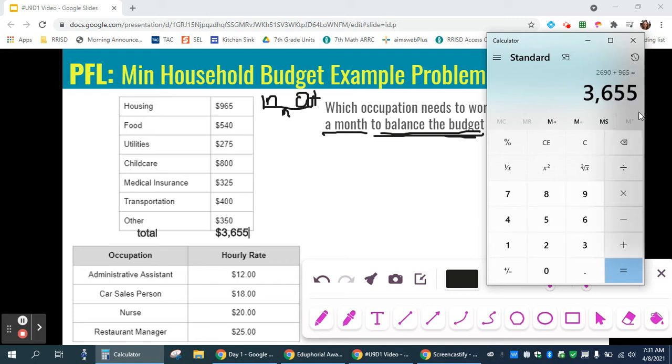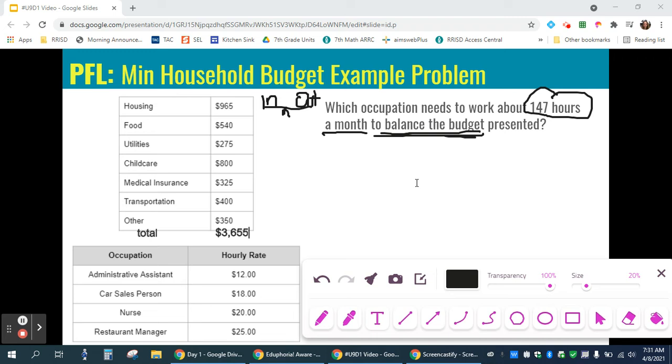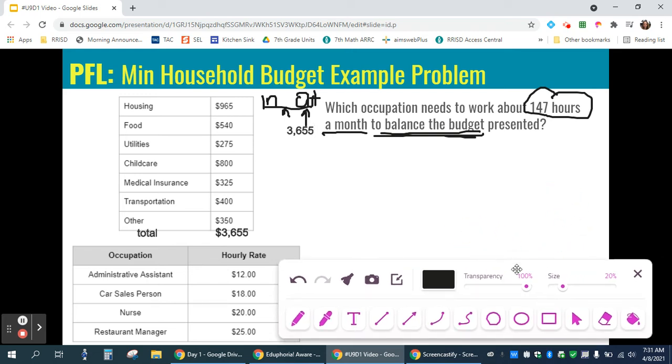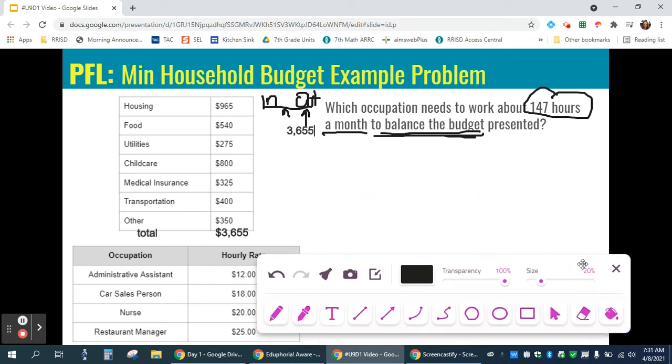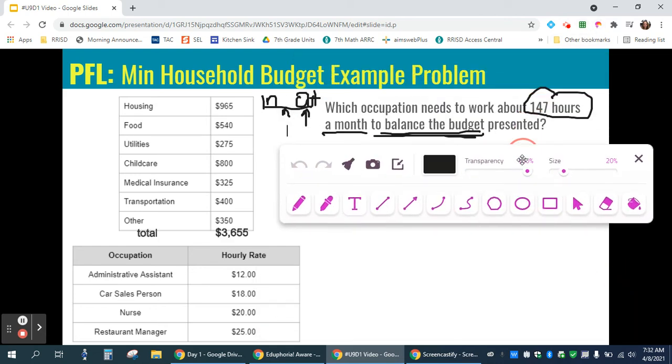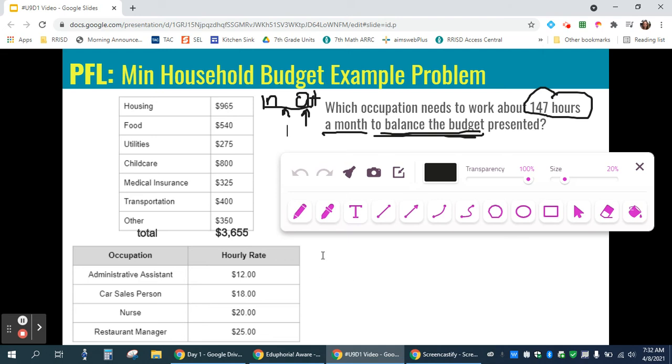Yep. So the total outgoing every month for this family is $3,655. So the incoming needs to match that number, so that it's balanced. We've got to figure out what number gives us that balance.